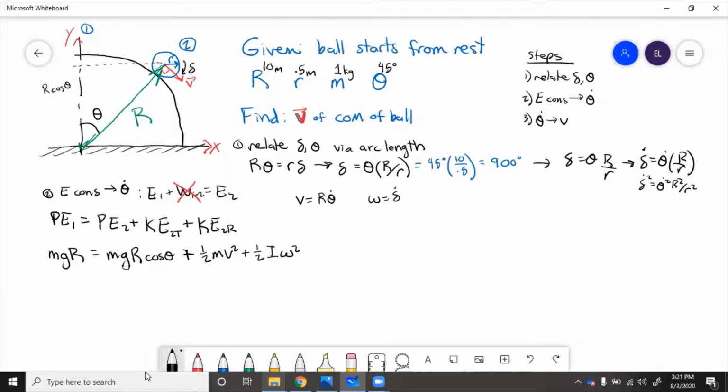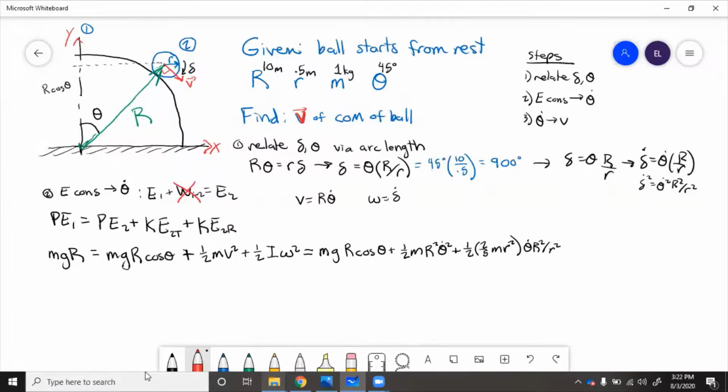So if we plug those in, then we have mg R cos theta plus 1/2 m R squared theta dot squared for the linear plus 1/2 I, which is 2/5 m r squared times omega squared, which is theta dot squared R squared over r squared. So now we can cancel some things.